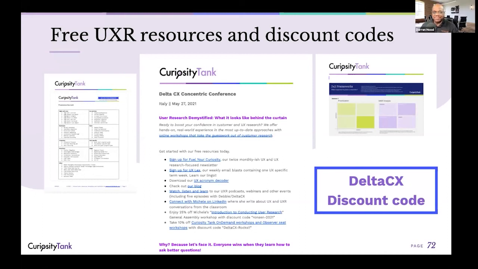Okay, fantastic. Next one is from Colleen, and she asks, what is the value of the 5-second test? The value of the 5-second test is to gauge initial impressions on something.